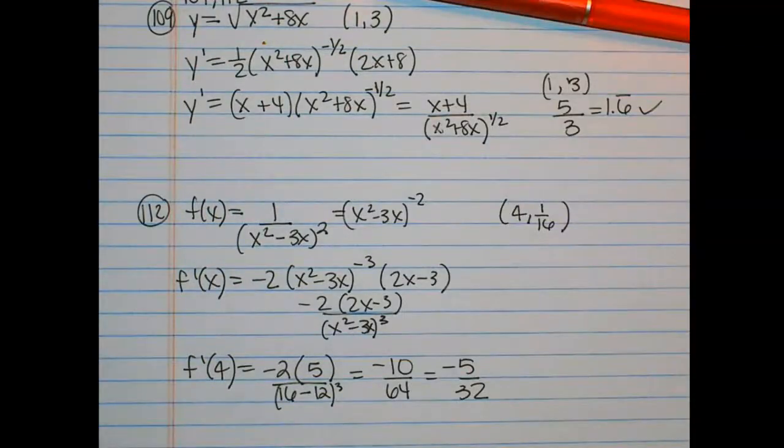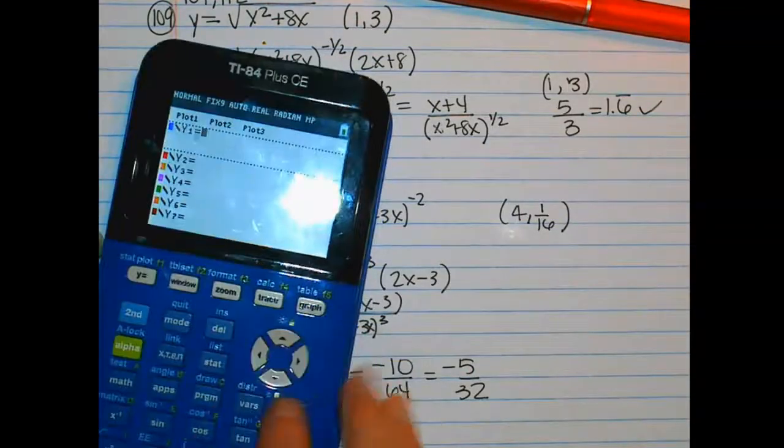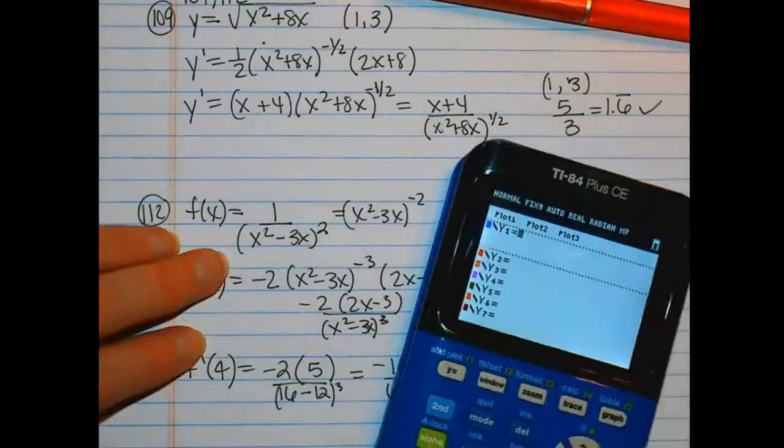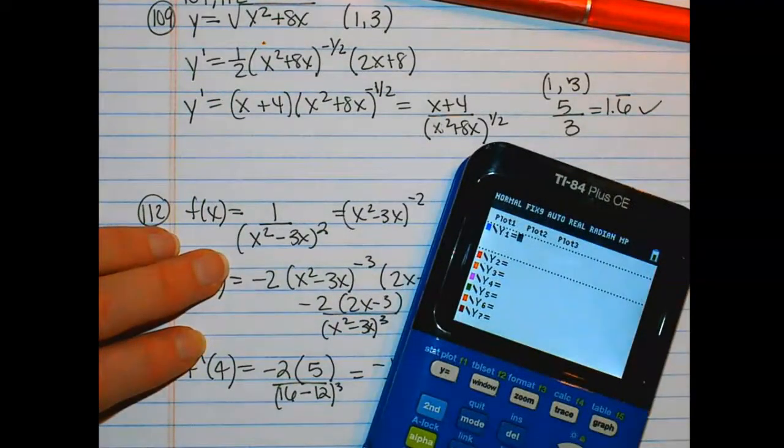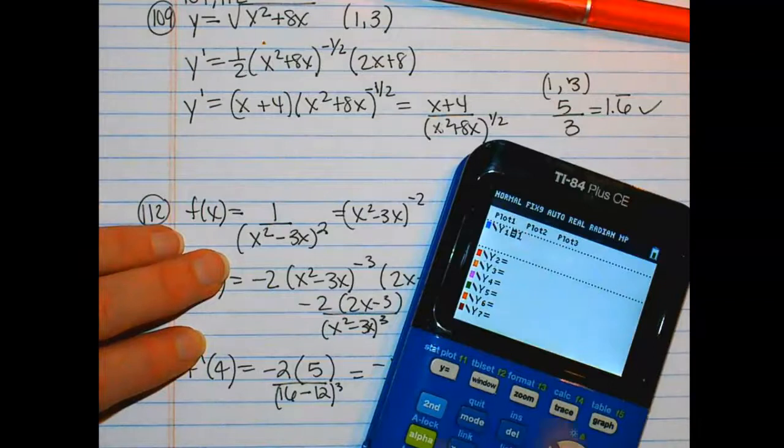So I'm going to put this function in as a fraction and see if it will give me a fraction answer. I'm not sure it can squeeze it in there. We'll see. 1 fraction, parentheses, x squared minus 3x, parentheses, squared.